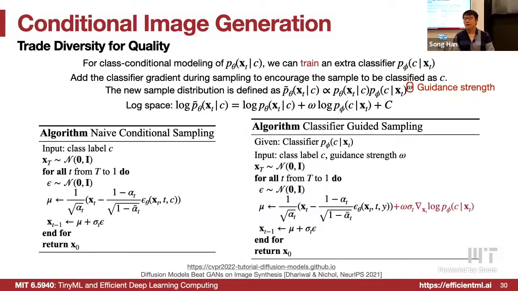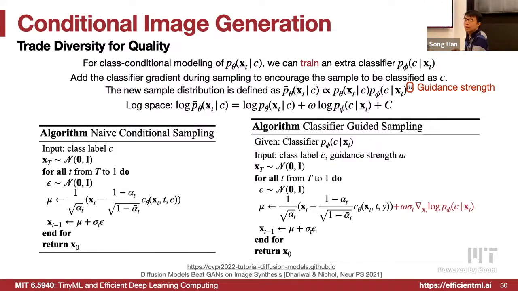So there's another technique, classifier-free guidance, which tries to trade off between the diversity and also the fidelity. To condition on some class, given this class, we try to predict what is the image. But we can also train another classifier, given the image, to predict the class.